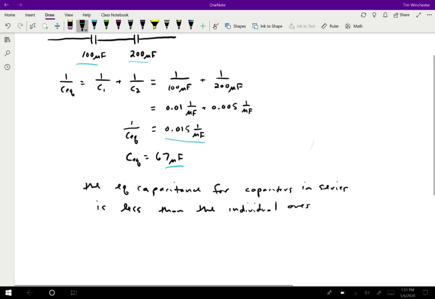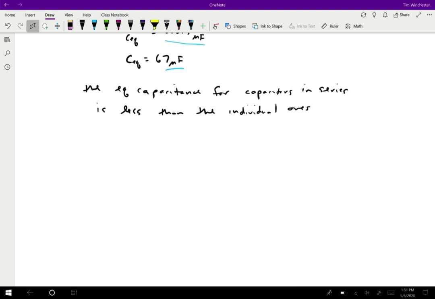Okay, now let's do an example where the capacitors are in parallel. So I'm going to have my two capacitors like this. And let's just use the same numbers.